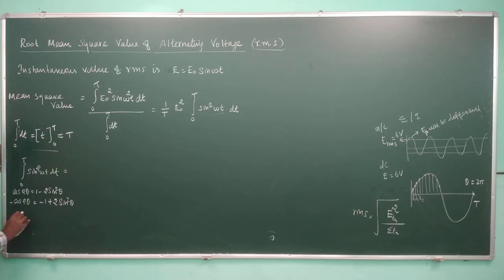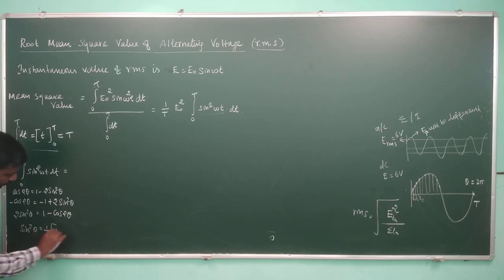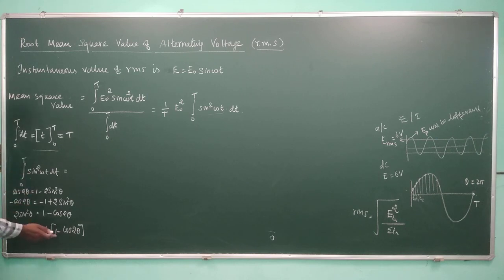So 2 sine square theta becomes 1 minus cos 2 theta, and sine square theta is equal to 1 by 2 times 1 minus cos 2 theta. Here we have sine square omega t, that we can replace with 1 by 2 times 1 minus cos 2 omega t.